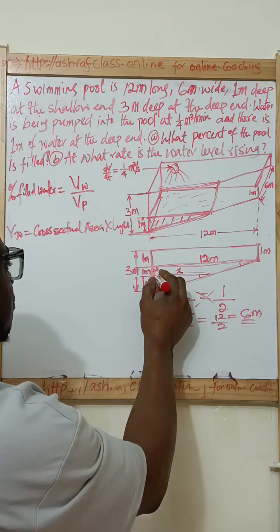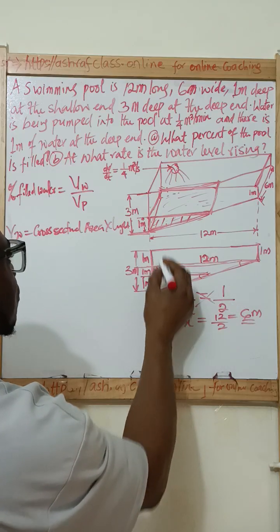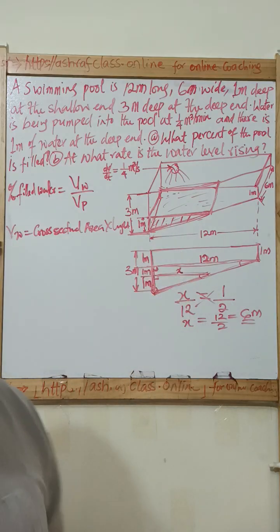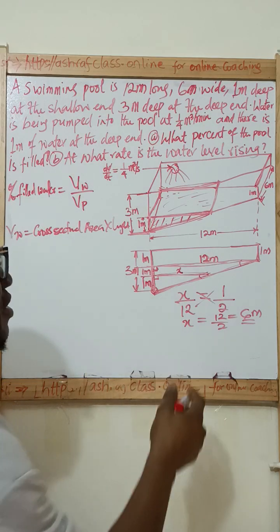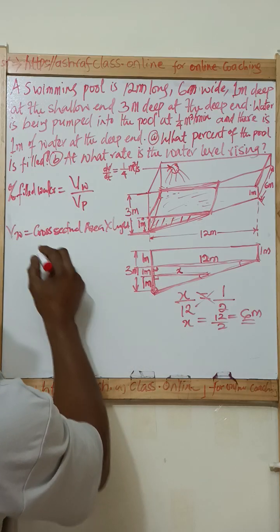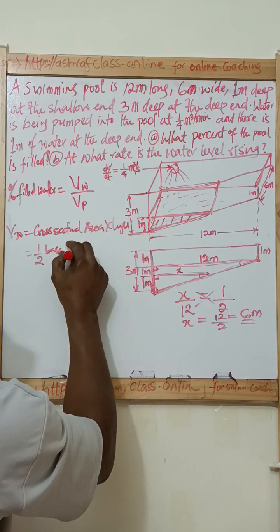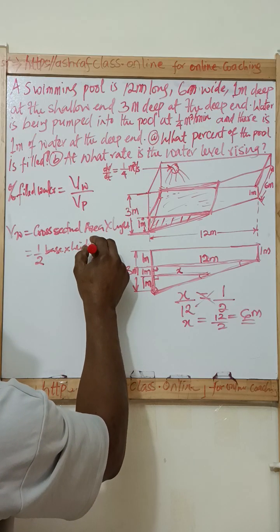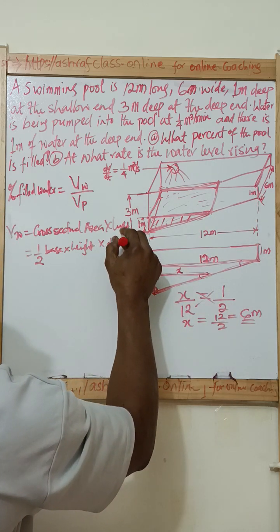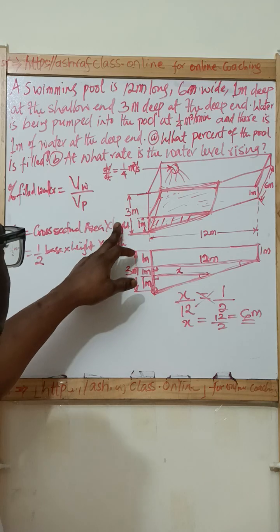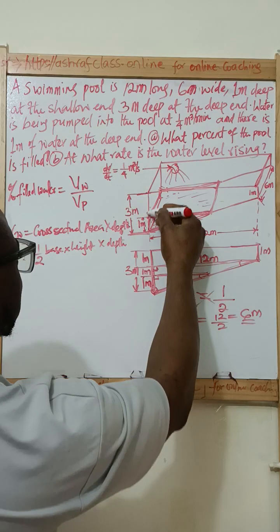Now that we know x to be 6 meter, we can find the area of this triangle. The area of the triangle is half base times height, then times the depth, because we want to get the volume.